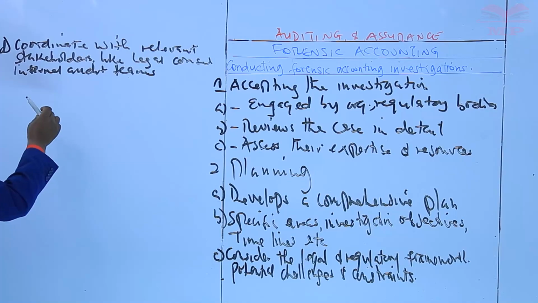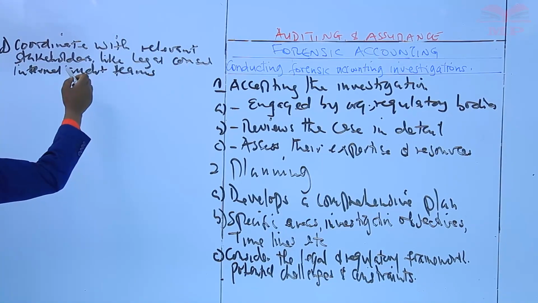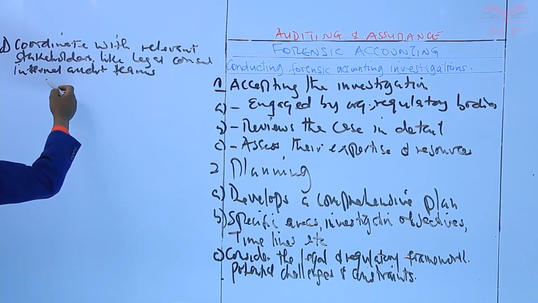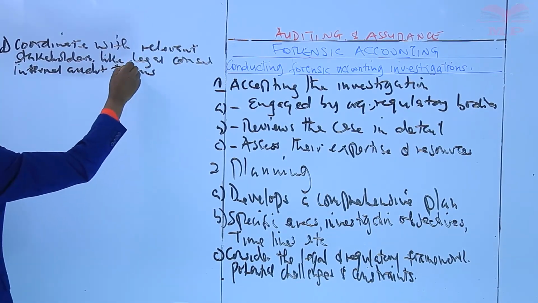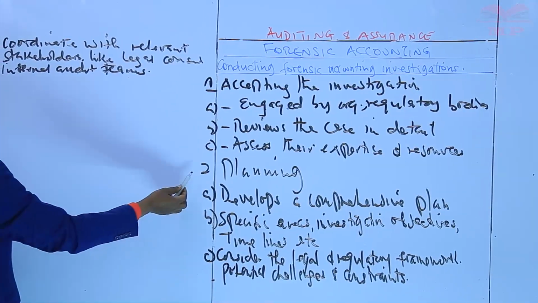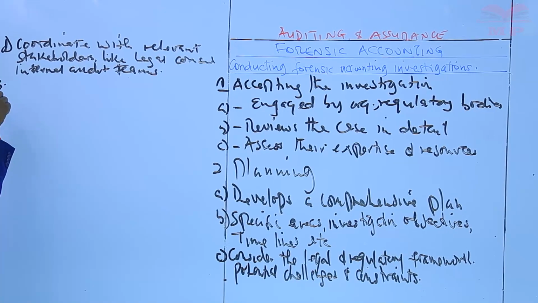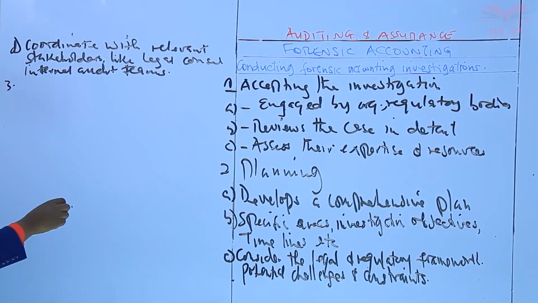So this is coordination with relevant stakeholders like legal counsel or audit teams. So this is step number 2. Step number 3 is evidence gathering.